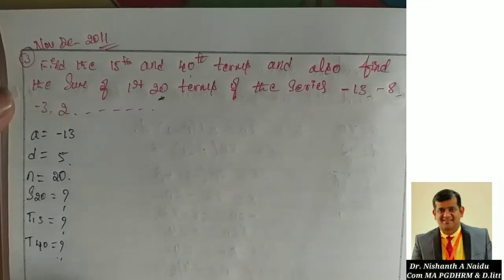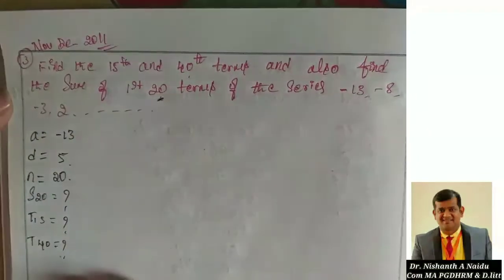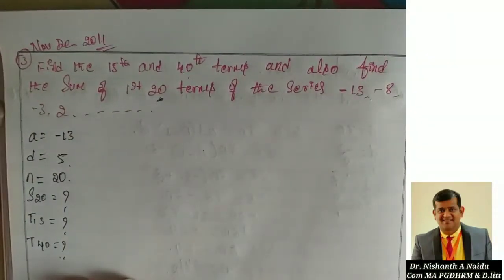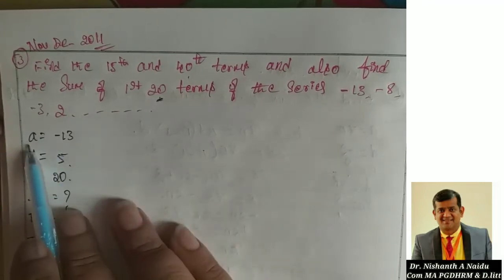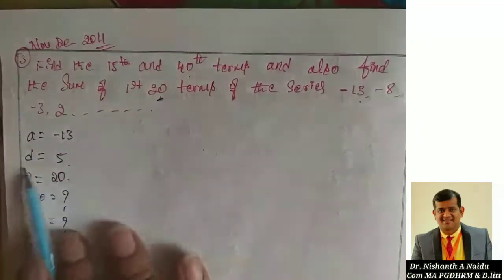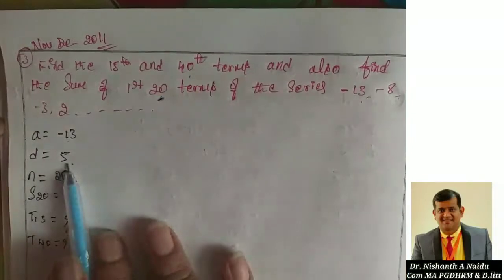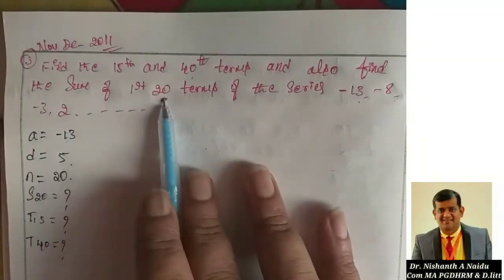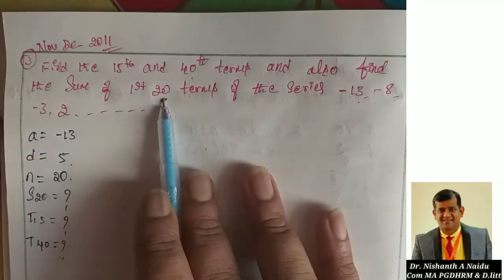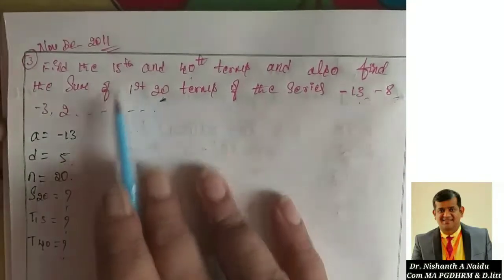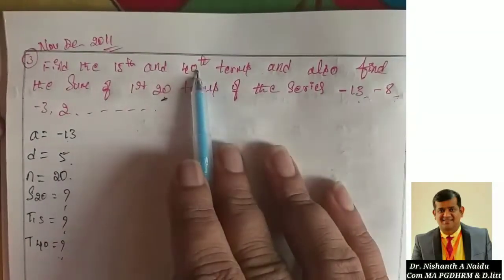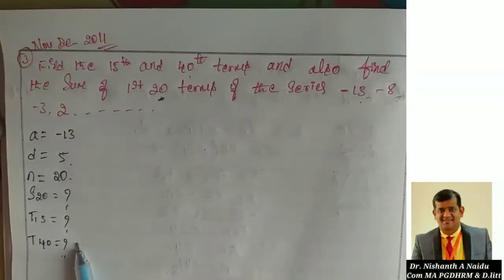You must be very clear about which items he has given and which we need to identify. A is minus 13, D is 5, n is 20, but S20, T15 and T40 we need to identify.